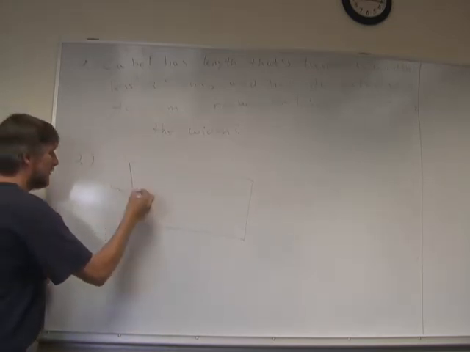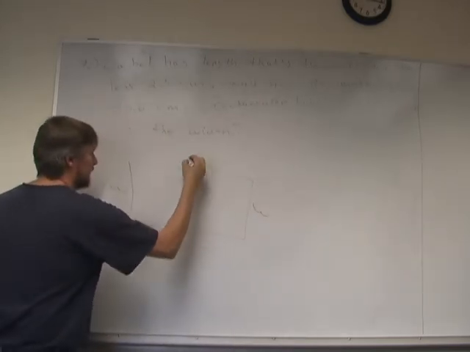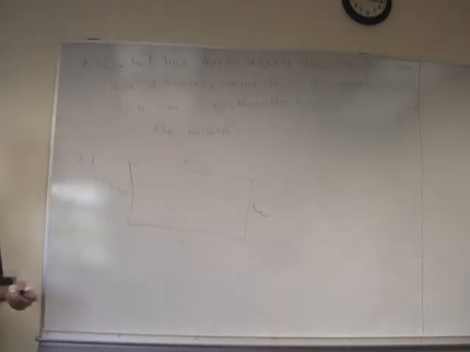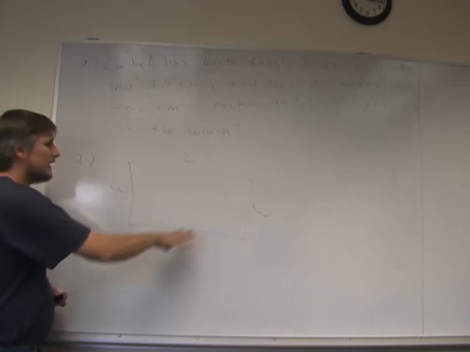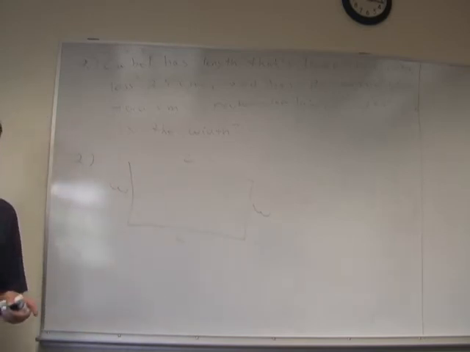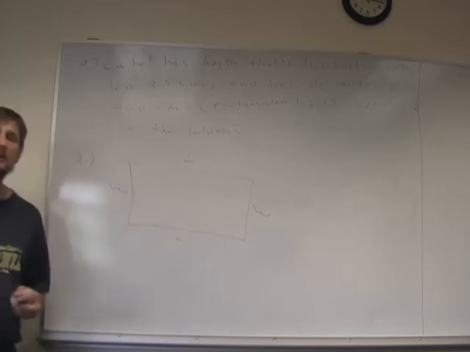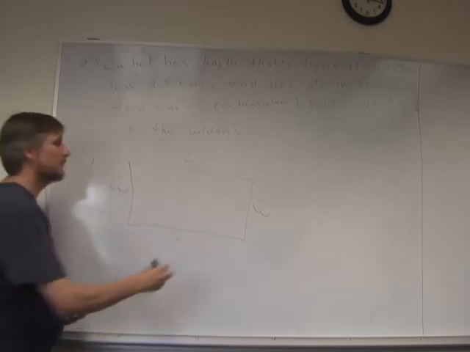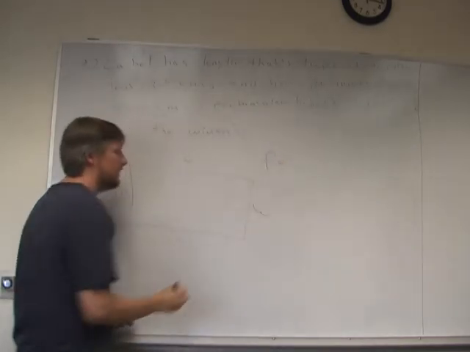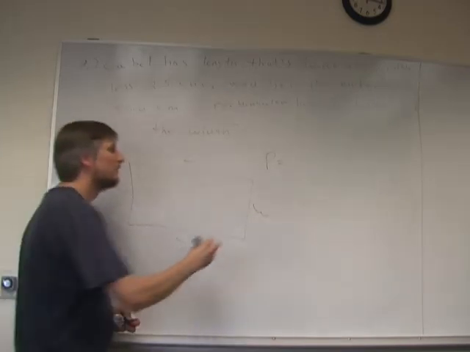We have a width, and a width, and a length, and a length. Now there's a way of relating these. Perimeter, if you recall, is equal to the sum of all the sides of the outside of a shape. In this case, perimeter will be 2W plus 2L.